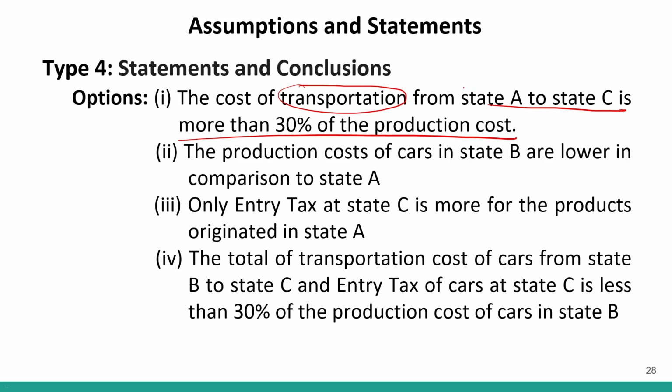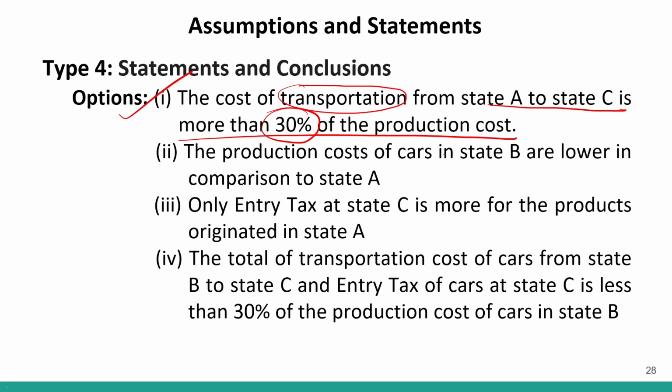Yes, and the alternative would be B. If it is difficult for us to get things from state A, will people prefer to get things from state B? Definitely yes. So this can be the conclusion.